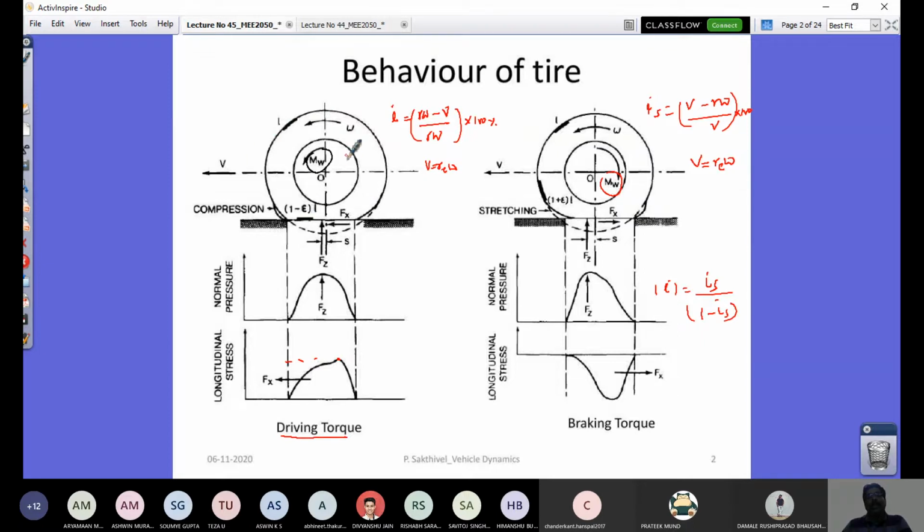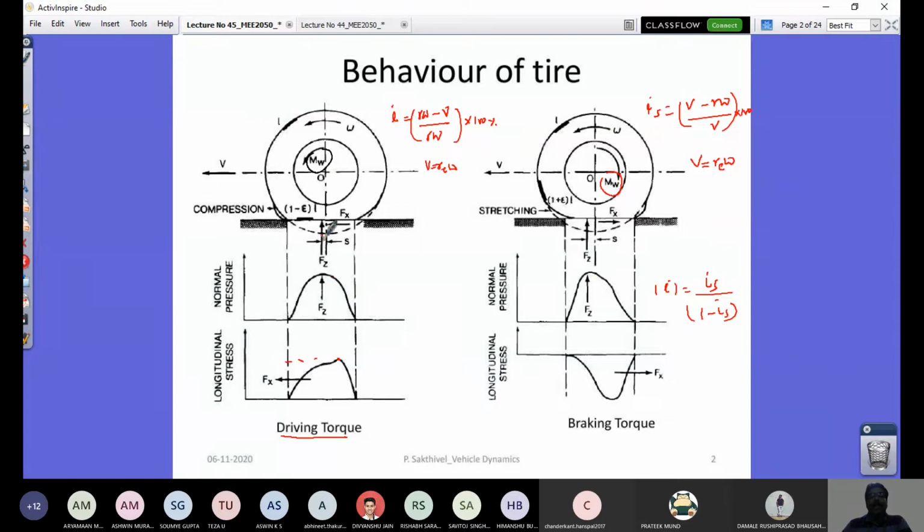When you apply driving torque, it is under compression. When you are reducing the torque or not applying torque, it is coming back. So that loading and unloading cycle would have some loss called hysteresis loss, which primarily depends upon the tire material and the tire design. That is the reason why your distribution of normal pressure is always, whether in the case of application of driving torque or braking torque, in front of the center of the contact patch.